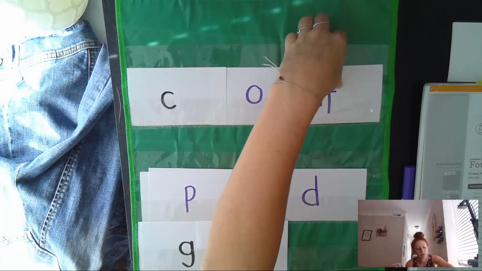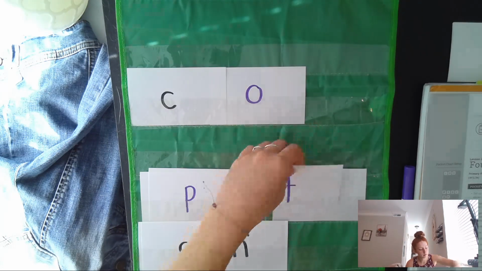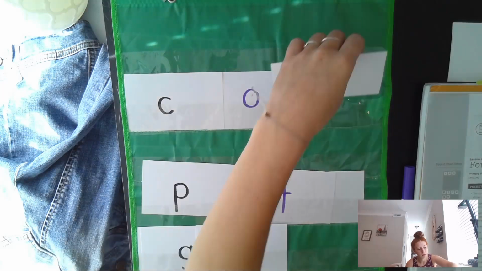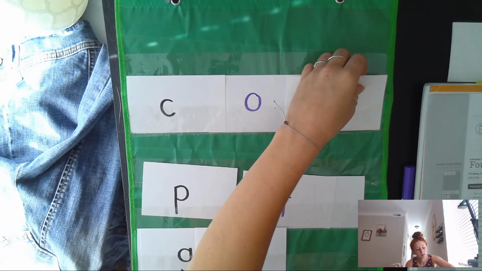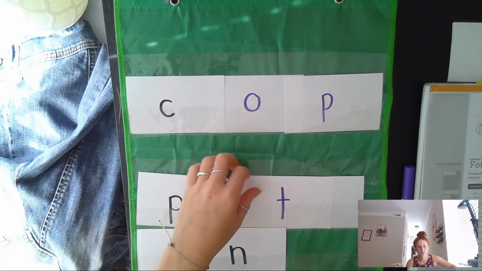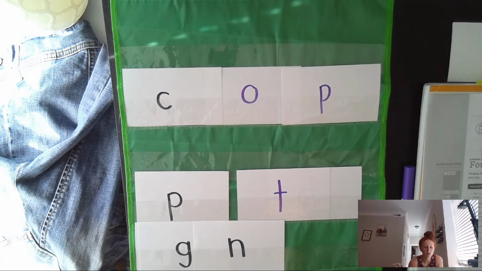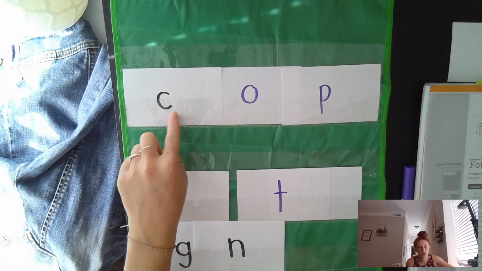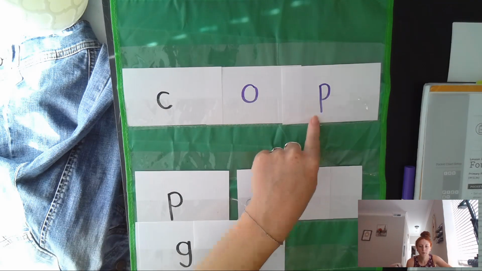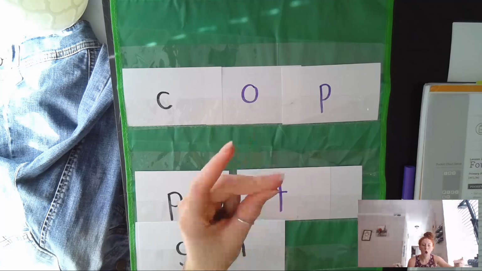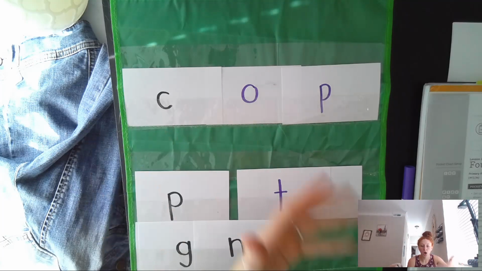What if I get rid of this one and put this one in its place? See if you can do that one on your own. You can pause the video if you need more time to do it on your own. If you're ready, then listen up. We have k, o, p. Cop.